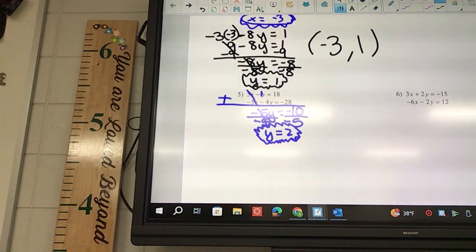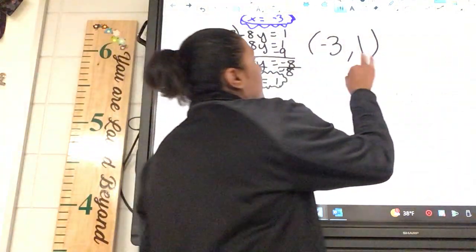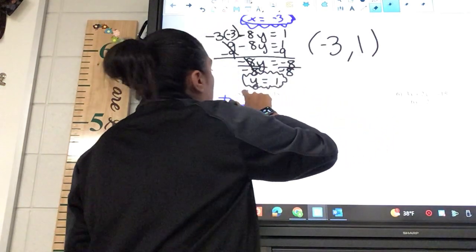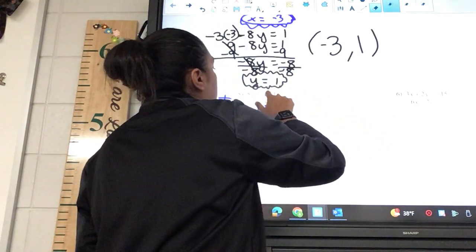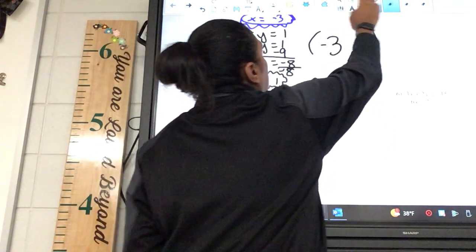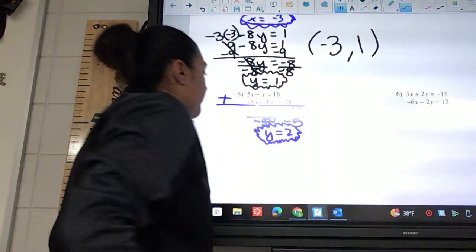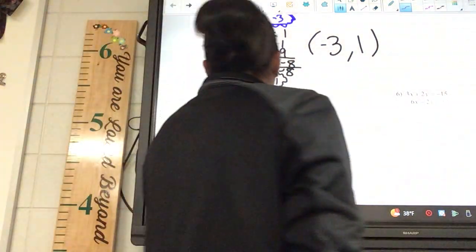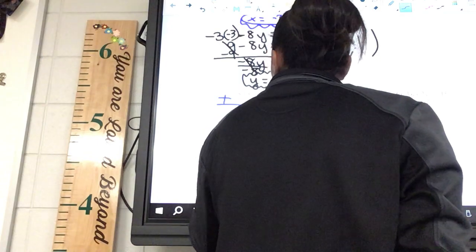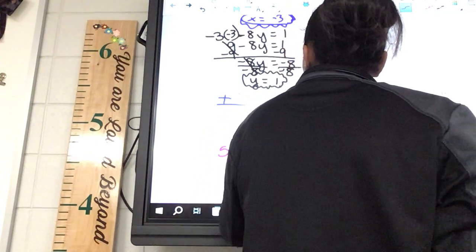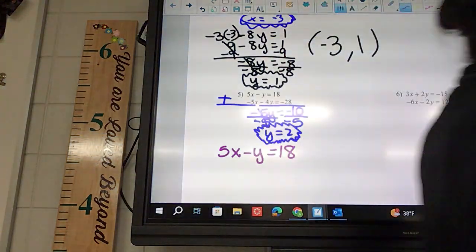Okay, and then what? We're going to plug it into one of the original equations. Would you like to use equation 1 or equation 2? 1? Okay, so equation 1 looks like 5x minus y equals 18.